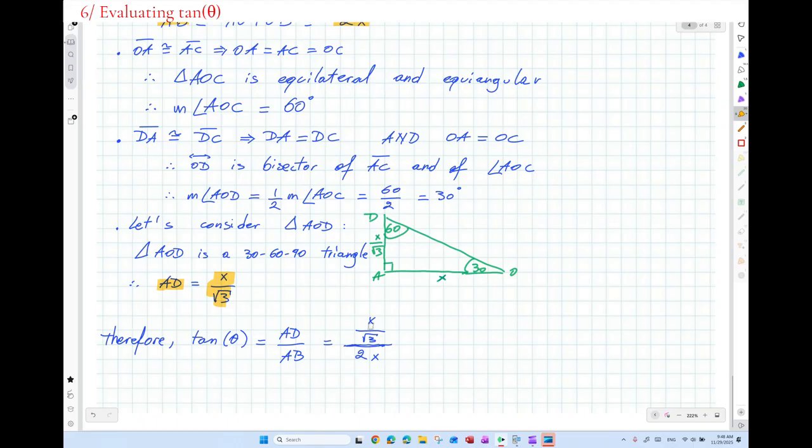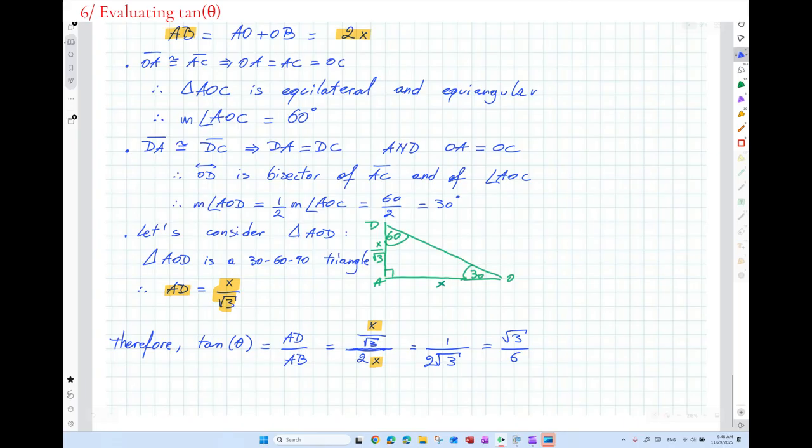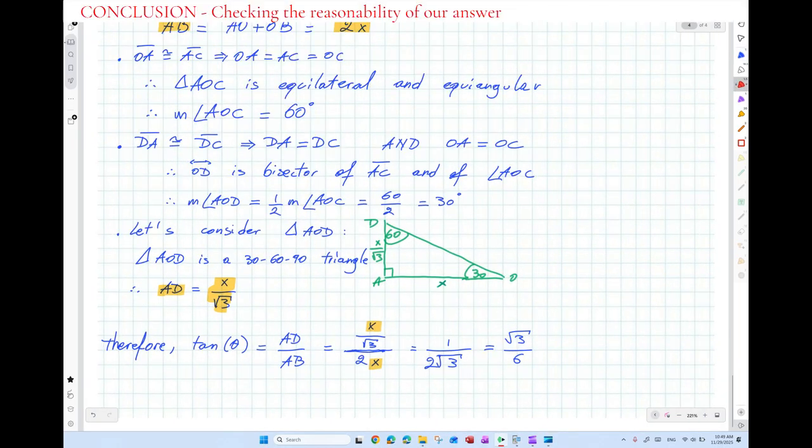Both x's cancel. I will end up with 1 over 2 square root of 3, and after rationalizing the denominator, I'll have square root of 3 over 6. And that's it.